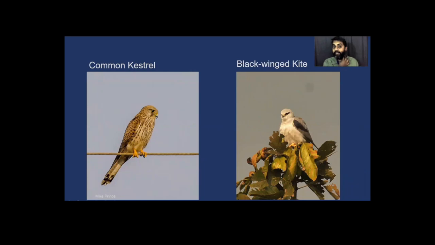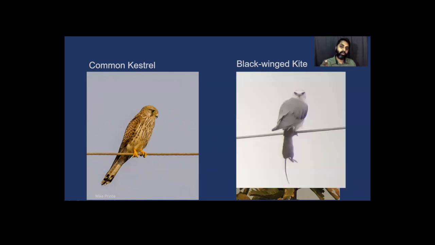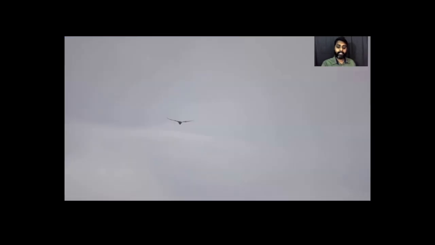Another interesting behavior to know of some birds is how they hunt their food. So here are the common kestrel and black-winged kite. They feed on small or large insects, small rodents or birds, and they are usually found in the open grassland. So when they have to catch a small rodent, they have a very interesting way of hunting. That is, they fly and flap their wings rapidly and stay at the same spot.